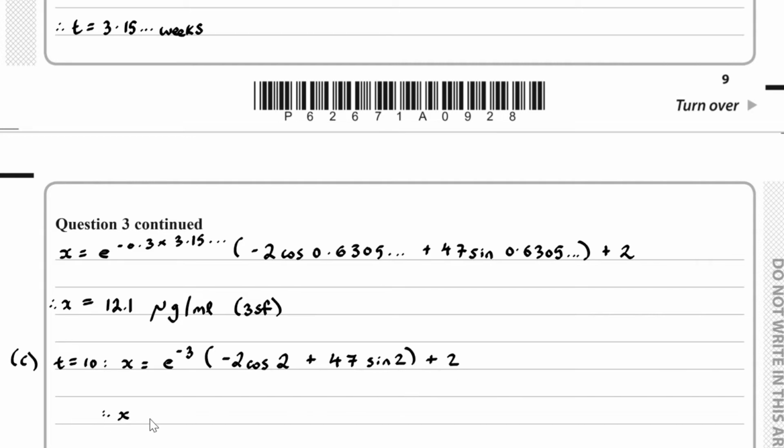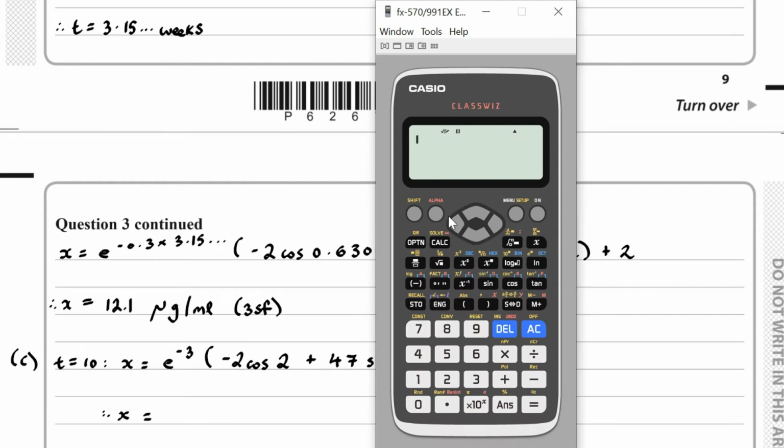So if we work this out, we've got e to the minus 3 times minus 2 times the cosine of 2, plus 47 times the sine of 2, plus this extra 2, we get a value of 4.16, etc.